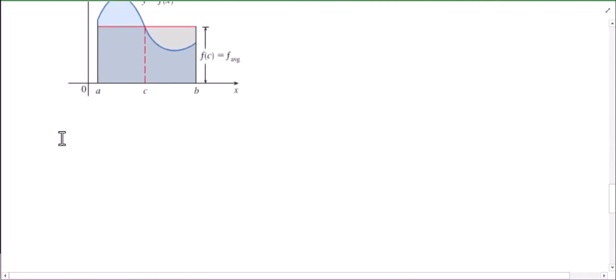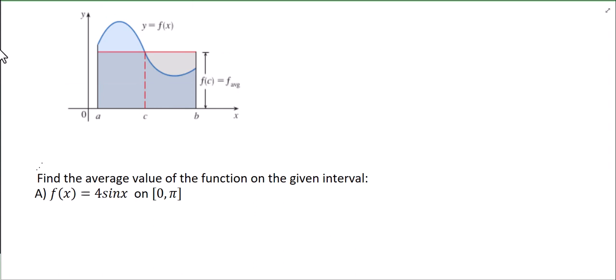So let's try some examples. We want to find the average value of the function on the given interval. So we have f of x equals 4 sine x on 0 to pi. So essentially we want to find the f of c. So where along our function do we get a function value that gives us the whole area?